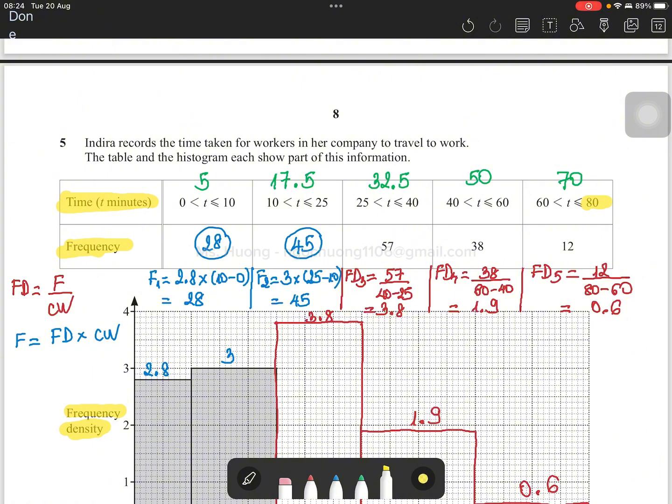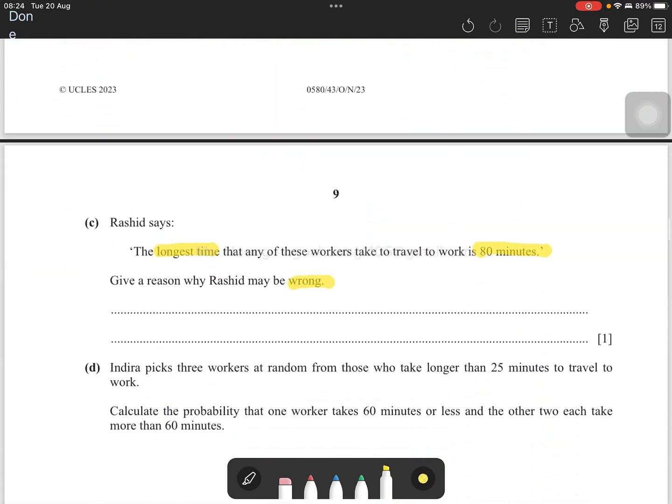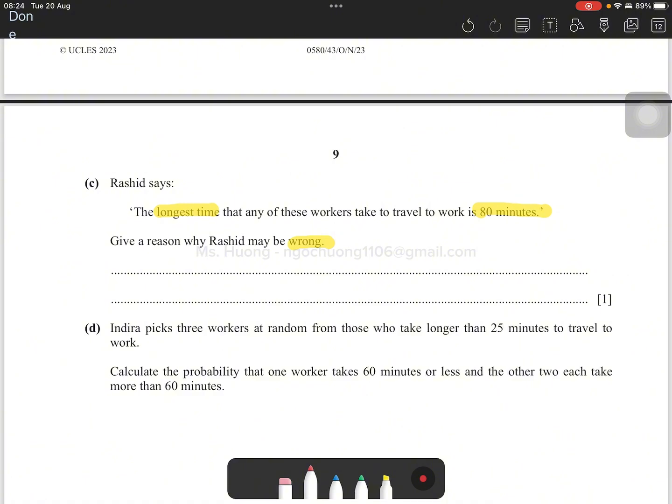It doesn't really need to be 80 because we don't have the exact values here. So we say that he is wrong because the exact values are not shown in the table.